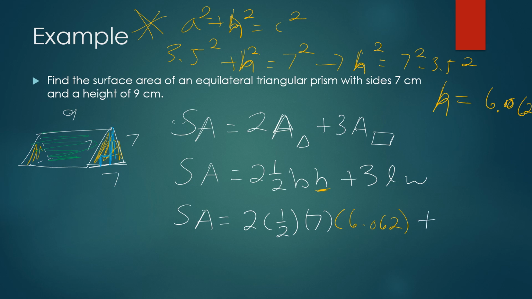Now for the rectangles, we're going to add 3 times 7 plus 9. Whatever this total is, it's going to be the surface area. Now 2 times 1/2 is 1. So basically we have 7 times 6.062 plus 3 times 7 times 9.